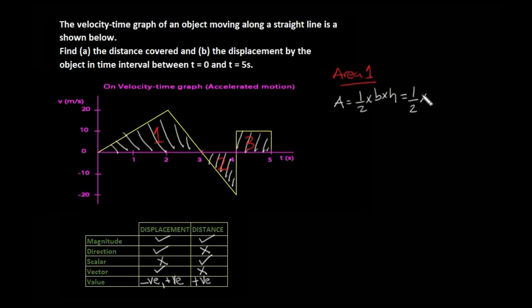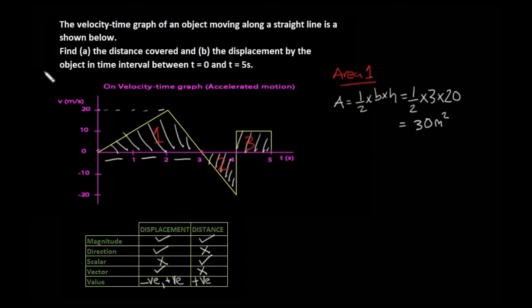We got half times, what is the base of this triangle? We got the base over here is 1, 2, and 3. So we got 3 times the height of the triangle. We got 0 over here, and this corresponds to 20. And we get what? We simplify this and we get 30 meters square.